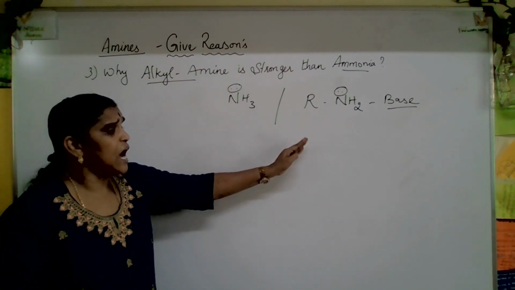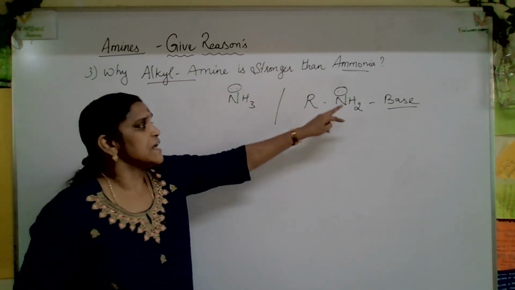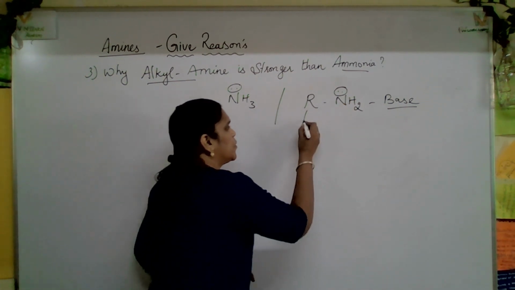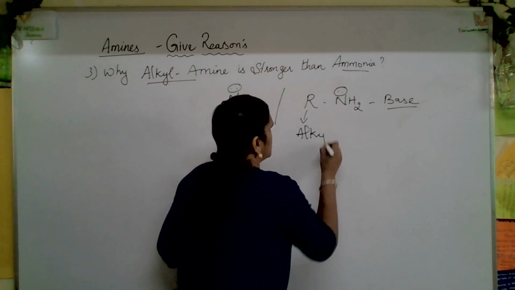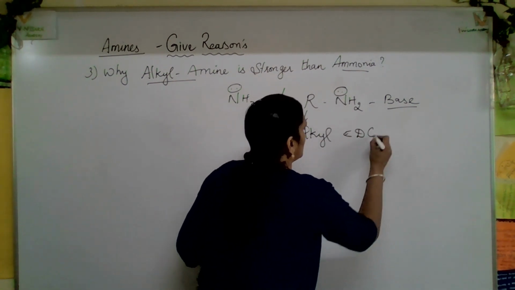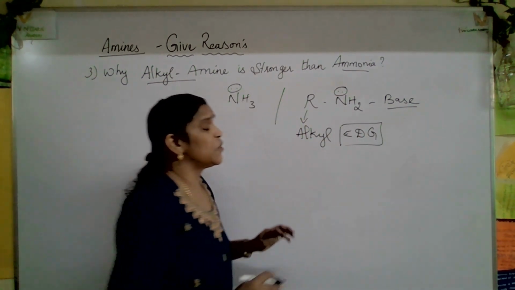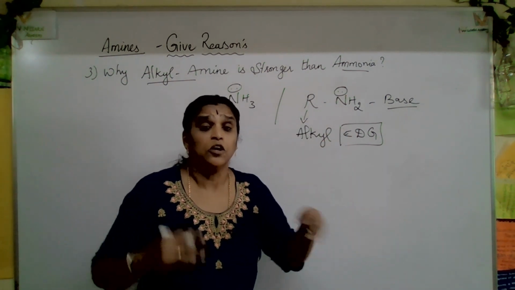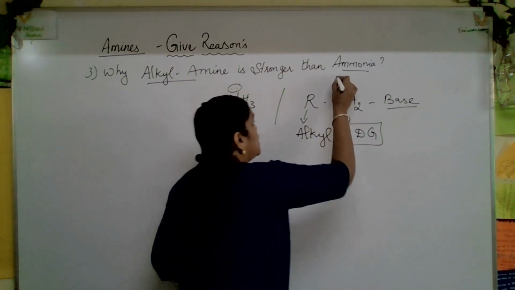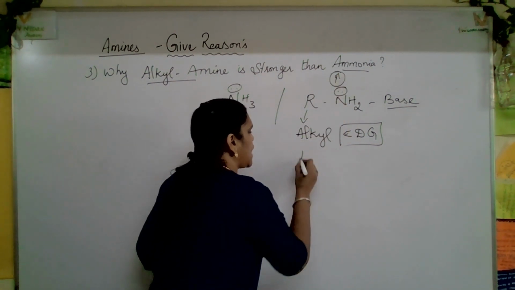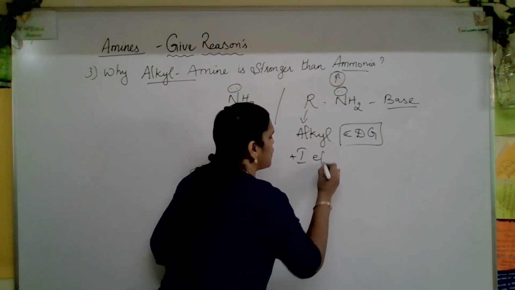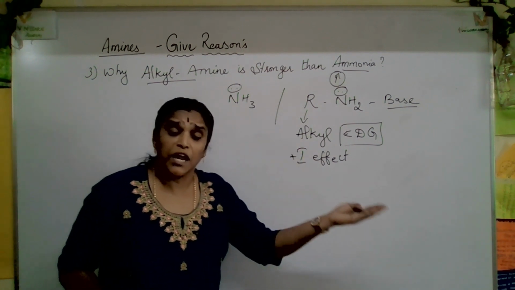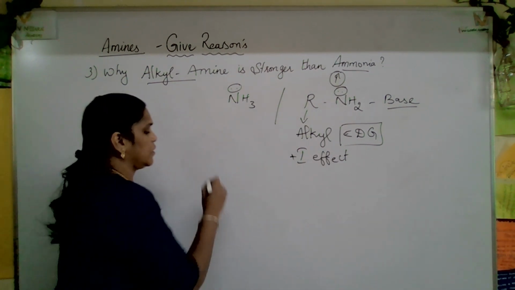Now, alkyl amine means the nitrogen which has a lone pair of electrons is attached to an alkyl group. The alkyl group is an electron donating group, so naturally the electron density will be increasing due to the plus I effect.